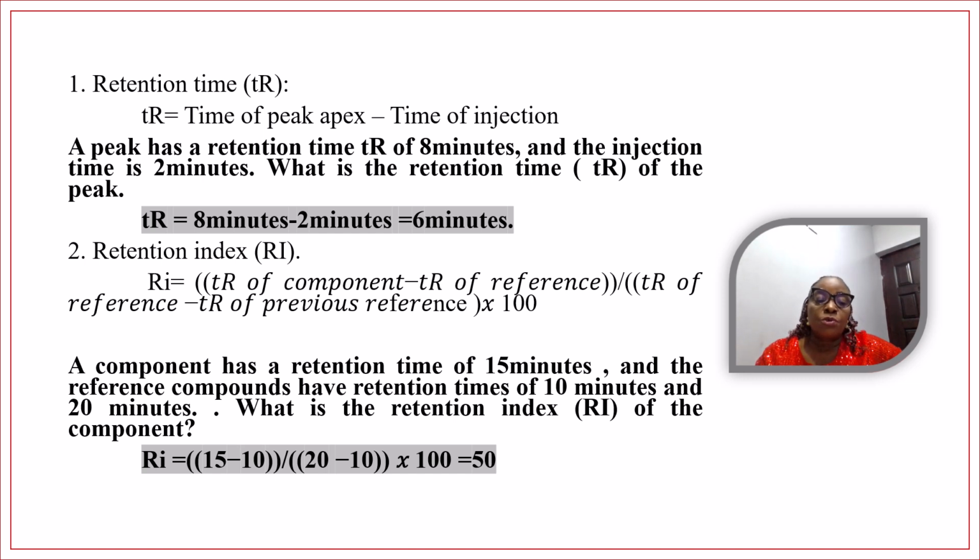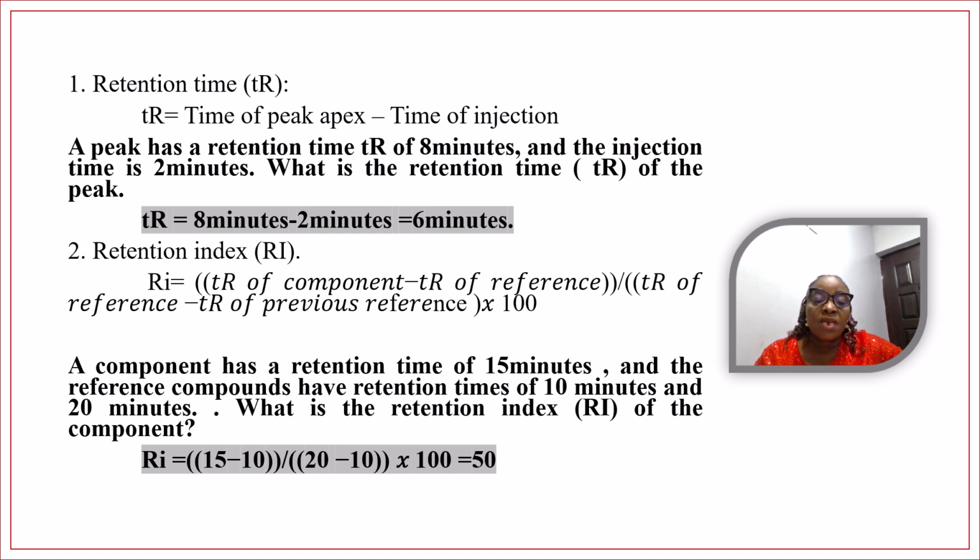We can also be told to calculate the retention index, which is a relative measure of a component's retention time, and it is given by the formula: retention time of component minus retention time of reference, divided by retention time of reference minus retention time of previous reference, times 100%.